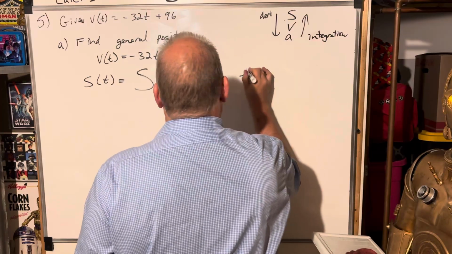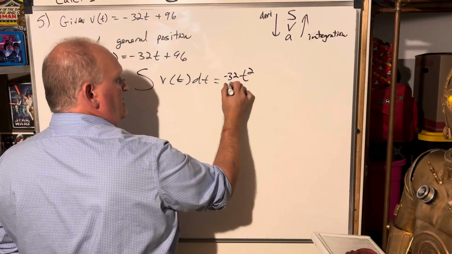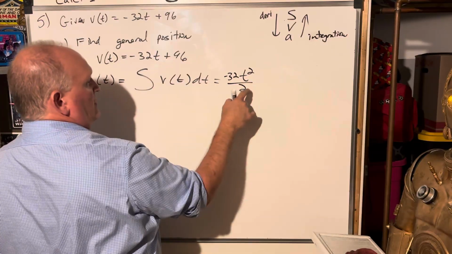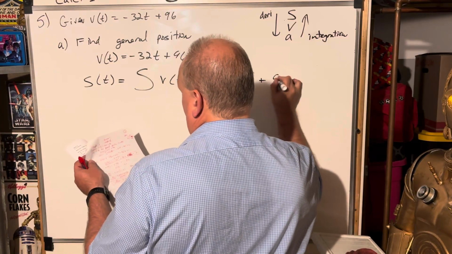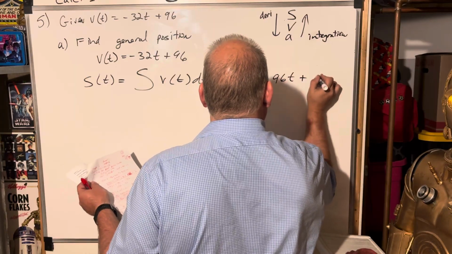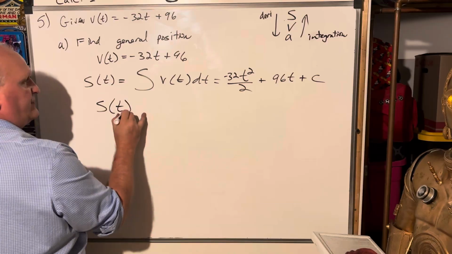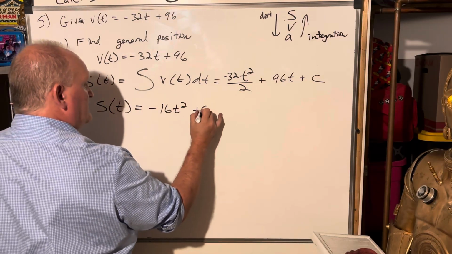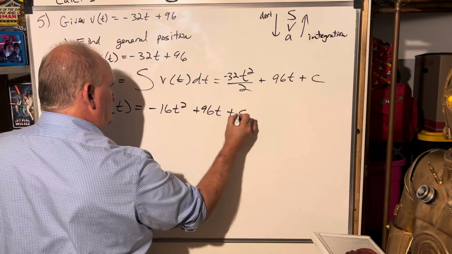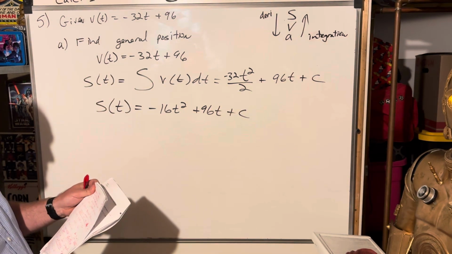So t squared, and then negative 32 divided by 2, right? I added 1 and then divided on the bottom. And then plus 96t plus c. So S of t is going to be negative 16t squared plus 96t plus c.